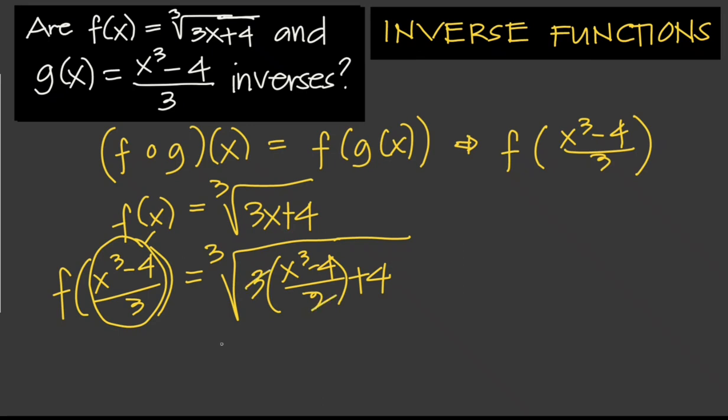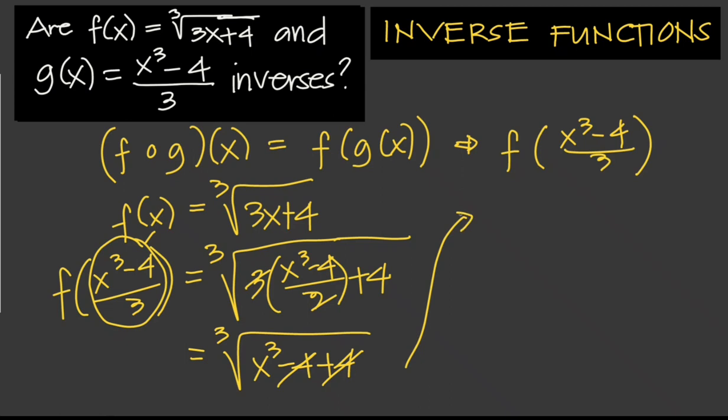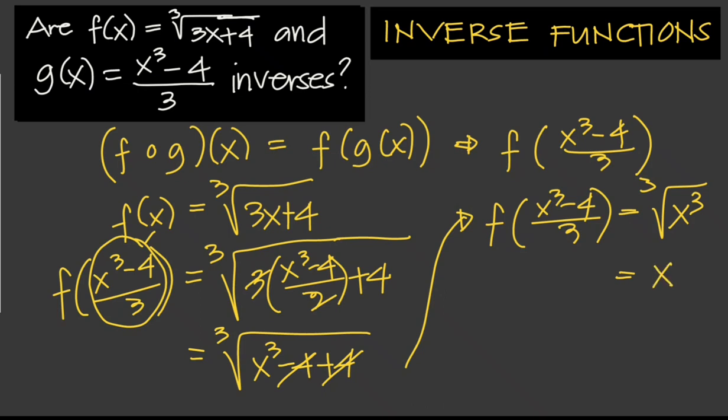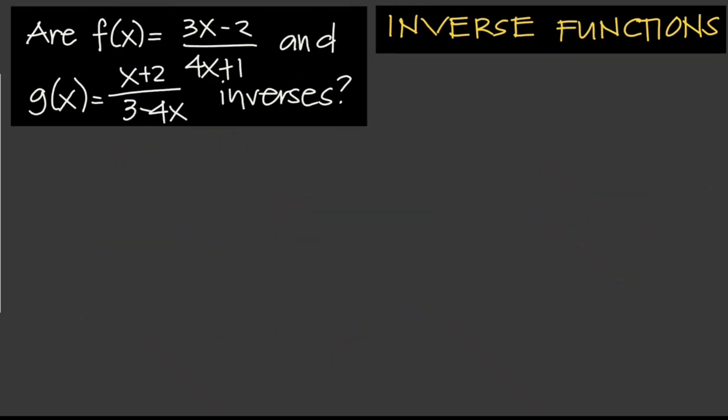We are left with the cube root of x cubed minus 4 plus 4, and negative 4 plus 4 is equal to 0. So f of g of x is just equal to the cube root of x cubed, and the cube root of x cubed is equivalent to x. Therefore, the answer is yes, they are inverses.